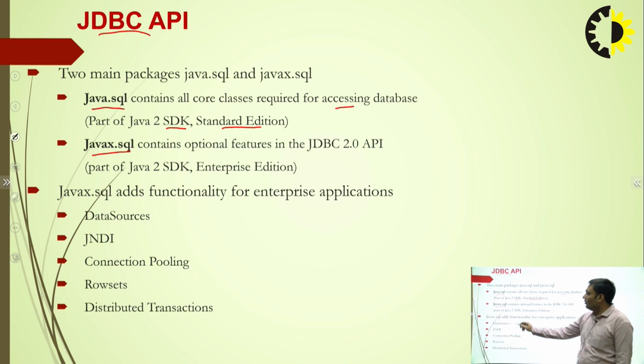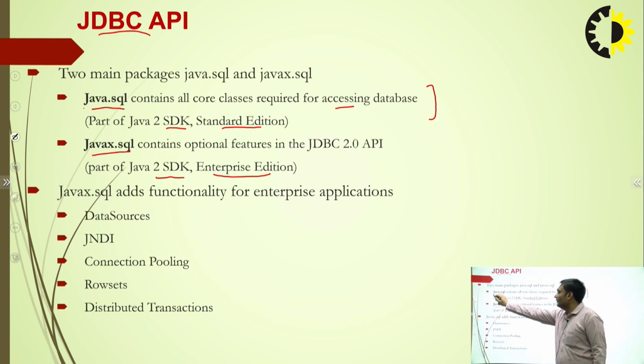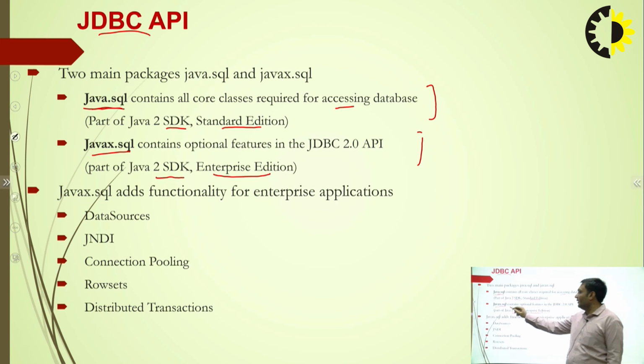And javax.sql is another package that contains some optional features in the JDBC 2.2 API, and it is a part of the Java 2 Standard Development Kit, Enterprise Edition. So basic classes and methods are written inside the java.sql package, and optional or additional classes and methods are written inside the javax.sql package.